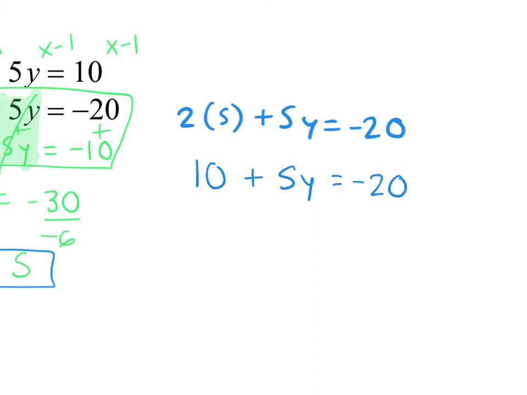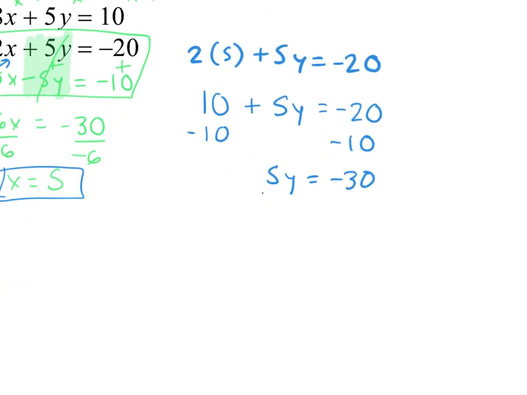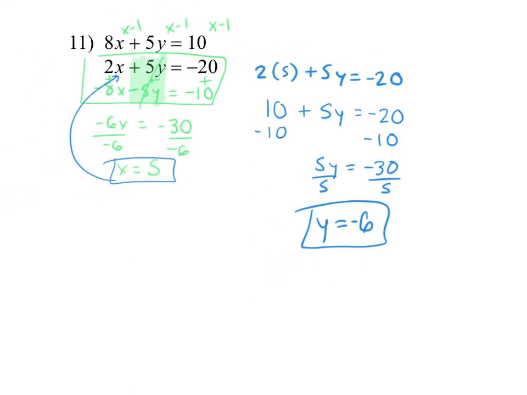What's next? We subtract 10 on both sides. So 5y is equal to negative 30. What do we do next? Divide by 5. So what's y equal to? Negative 6. Perfect. So we got our x is equal to 5, y is equal to negative 6.